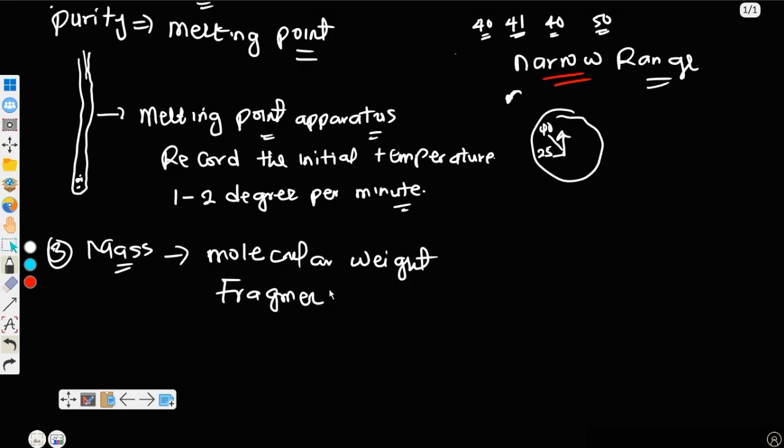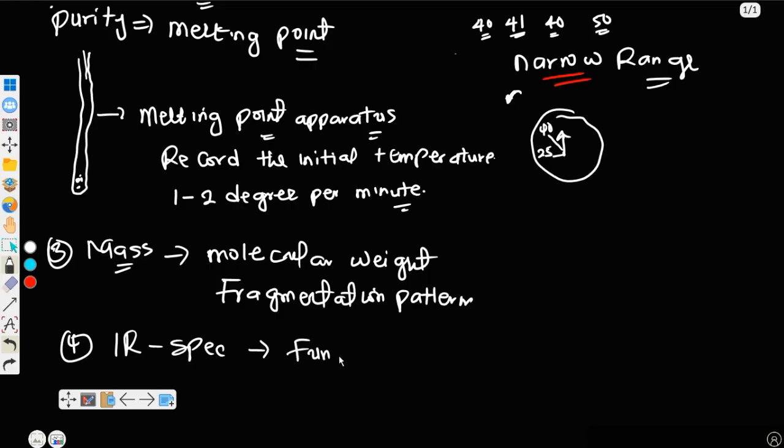The next one is you can use infrared spectroscopy, IR spec. What information will IR spec give to you? IR spec will give you information about the functional groups present.